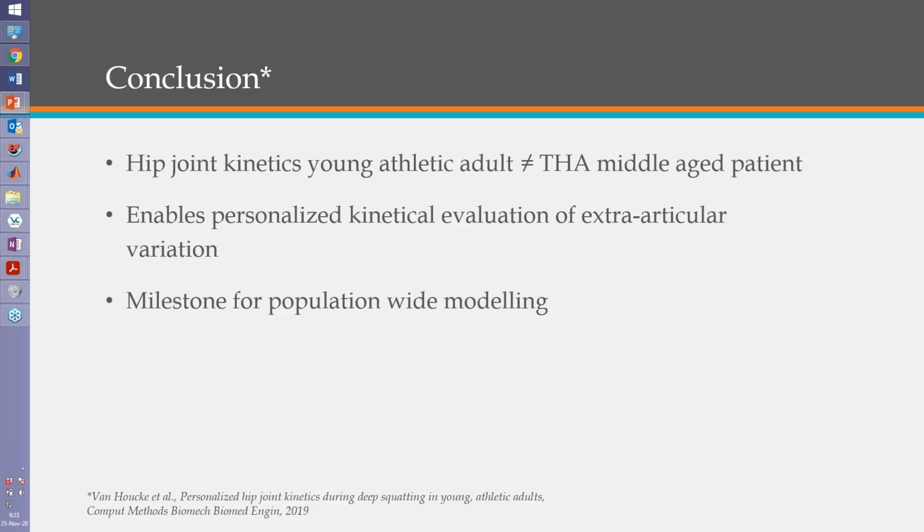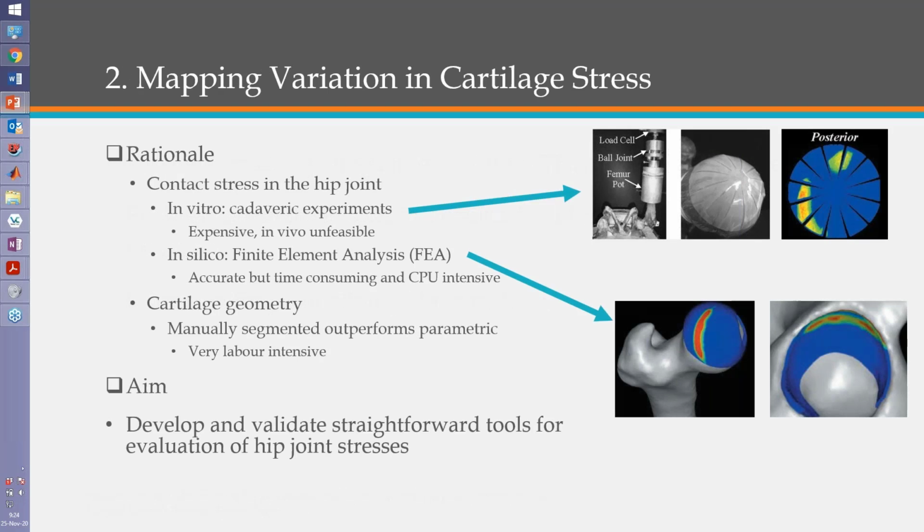We were able to establish some reference values for healthy young subjects in that way. And we also managed to build a personalized kinetic evaluation pipeline to look into extra-articular variation. This can, of course, be an important step towards population-wide modeling.